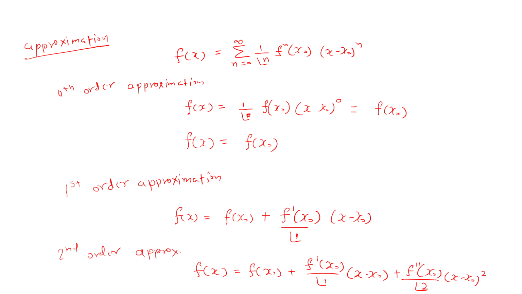So we need to know the order of accuracy. In this case, the error which is left out is of order of delta x, in this case the error is of delta x square, and in this case the error is of delta x cube.